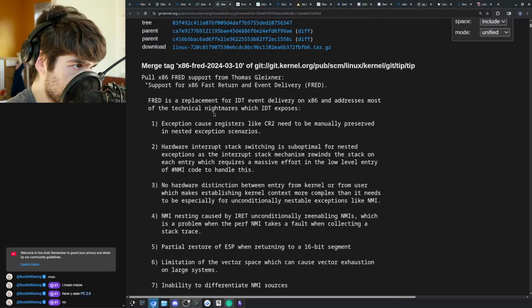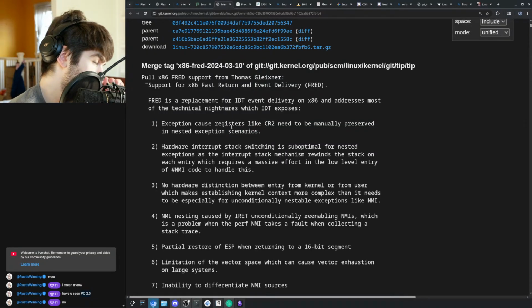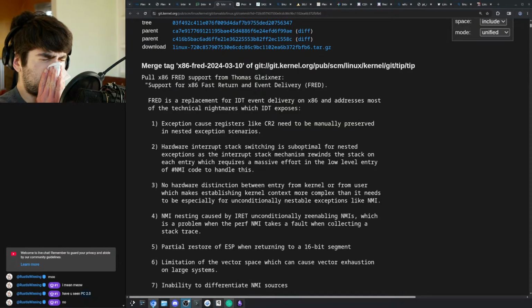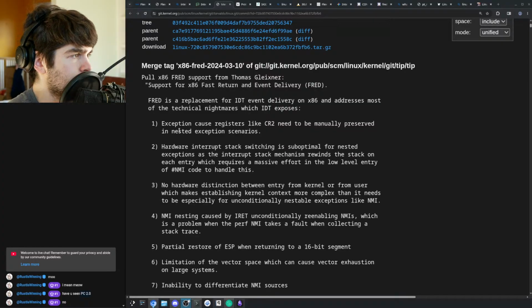Exception cause registers like CR2 need to be manually preserved in nested exception scenarios.